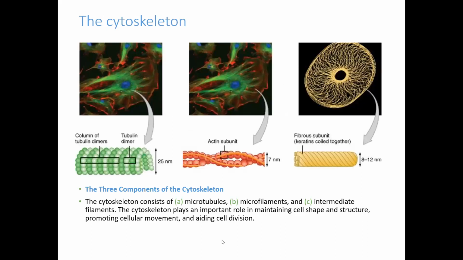Spindle fibers are microtubules. They arrange the movement of the cytoplasm and the chromosomes during mitosis, so we see that all the time. We see microfilaments when we're talking about contractile muscle. Actin, the contractile protein that squeezes the cytoplasm apart at the end of mitosis during cytokinesis, is a microfilament.